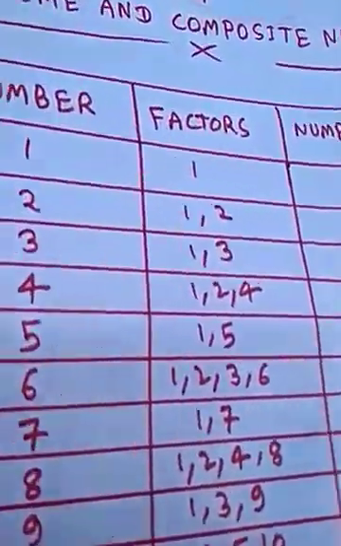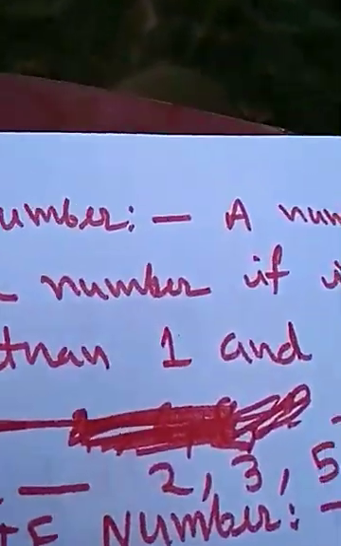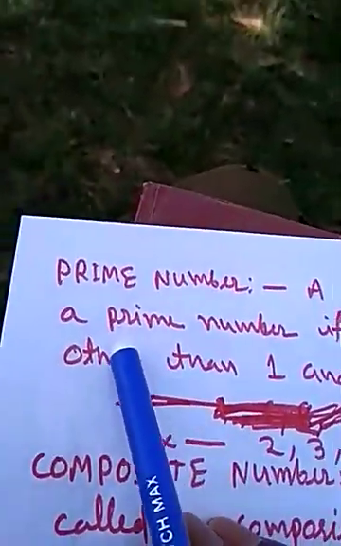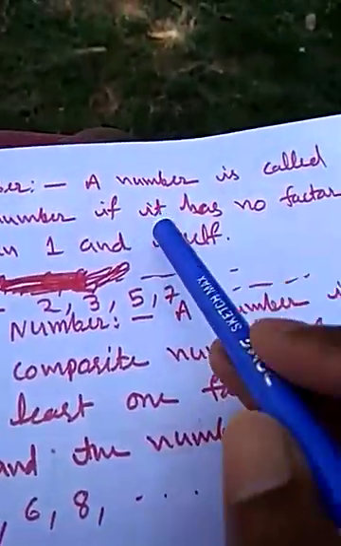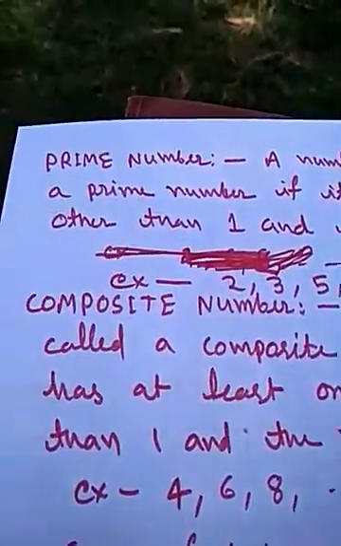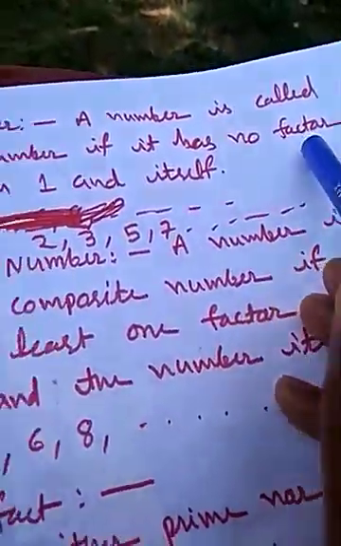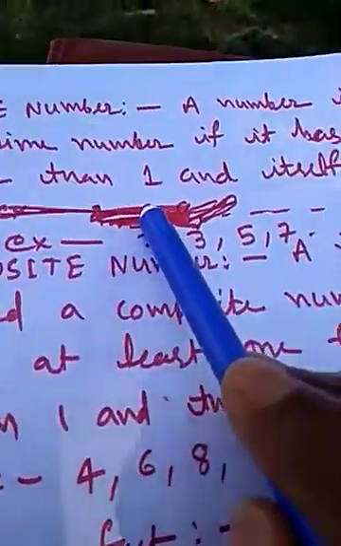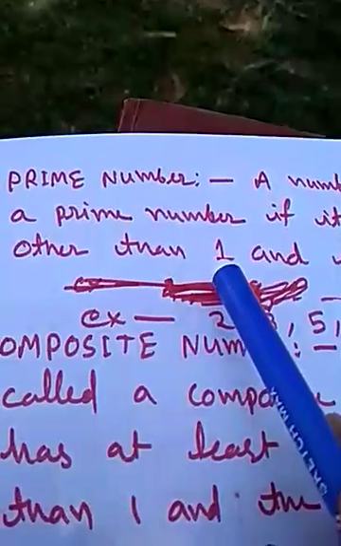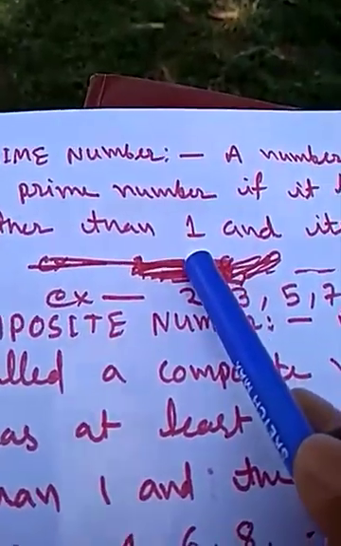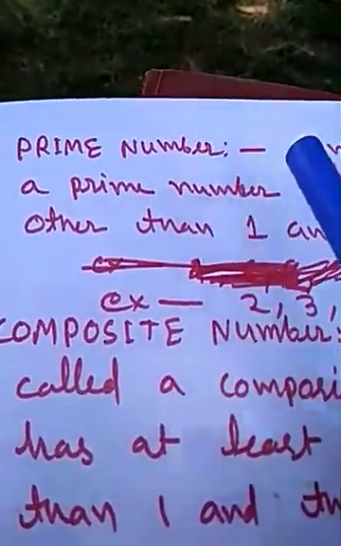The numbers which have only 2 factors, means 1 and itself, are called prime numbers. Here you can define it: a number is called a prime number if it has no factor other than 1 and itself, means the numbers having only 2 factors, one is 1, second is itself.